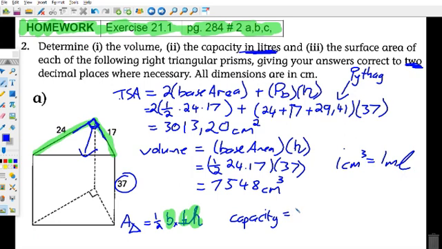So we're going to have here 7548 milliliters. But they didn't want it in milliliters, they wanted it in liters. So from milliliters to liters, we're going to divide by 1,000, and you're going to get 7.55 liters because I want it in 2 decimal places.